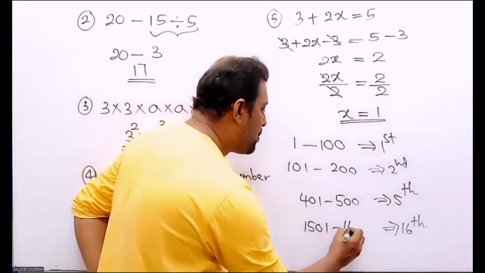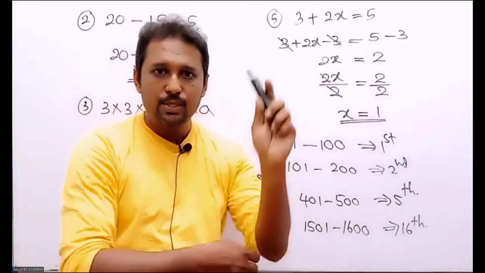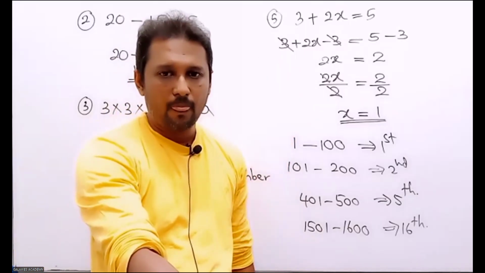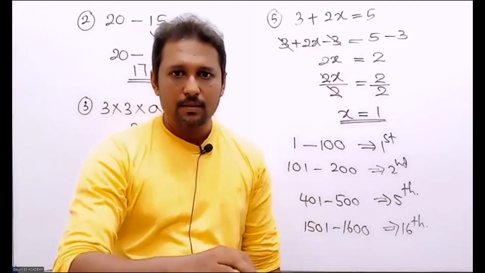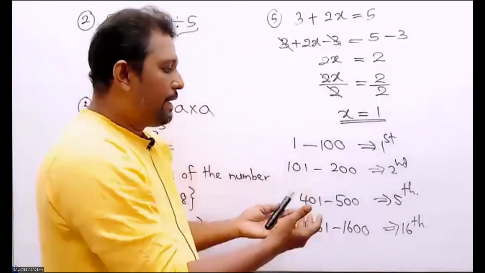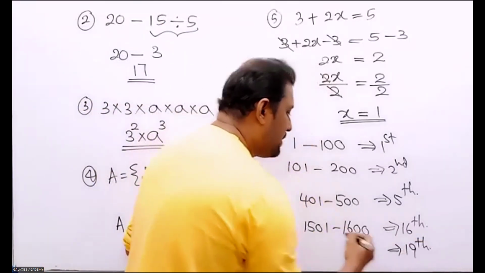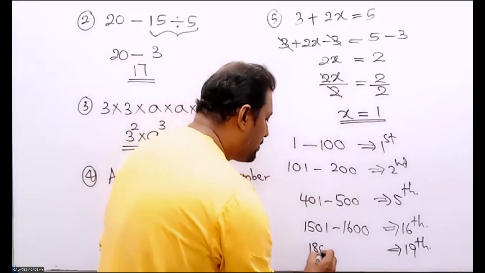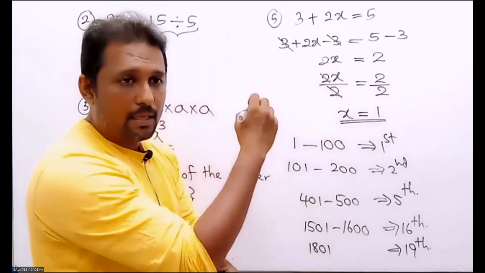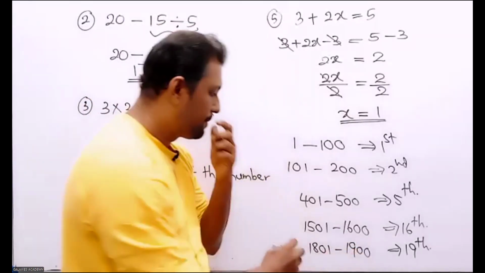1501 to 1600. It is the 16th century. Right? Then can you tell me the 19th century started with 1801 and ending with 1900.